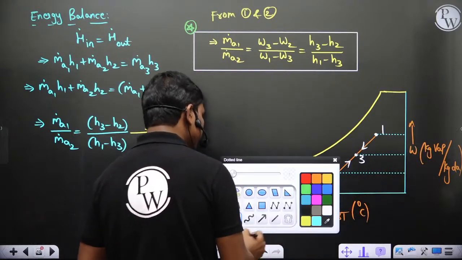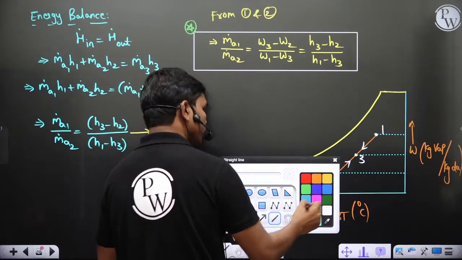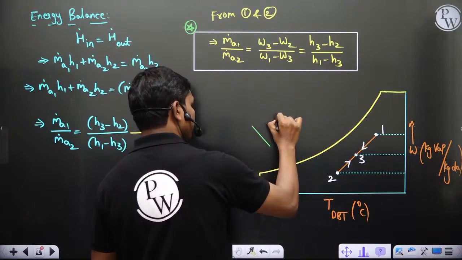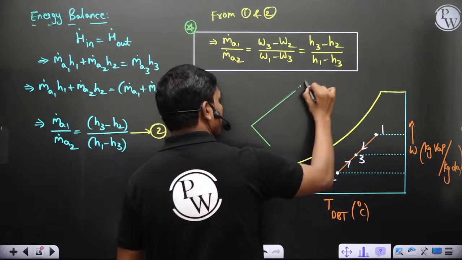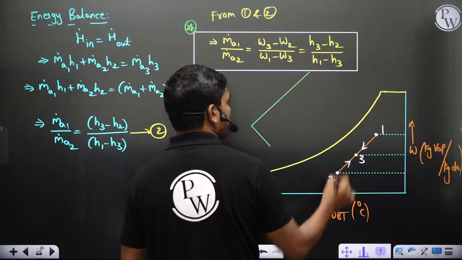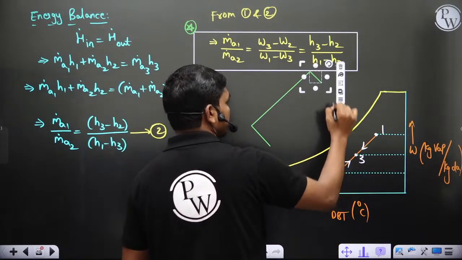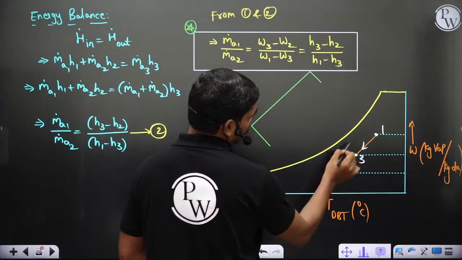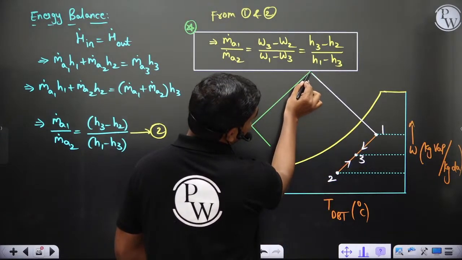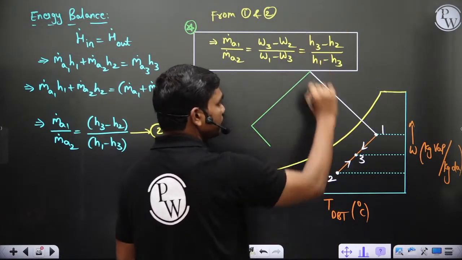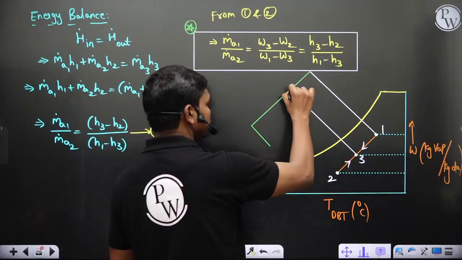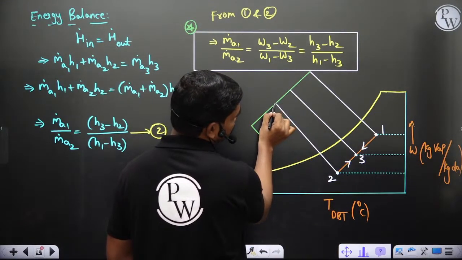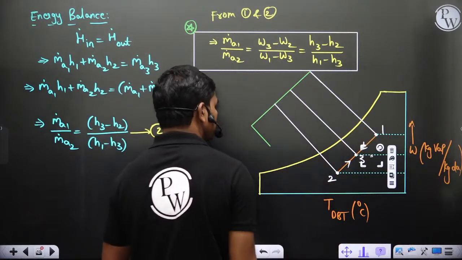And also if you take the enthalpy scale, something like this, then see carefully, okay. So let's say the enthalpy scale is going forward. This is your enthalpy 3 at this state, and this is your enthalpy 2 at this location, okay. So this is enthalpy 2, of course.